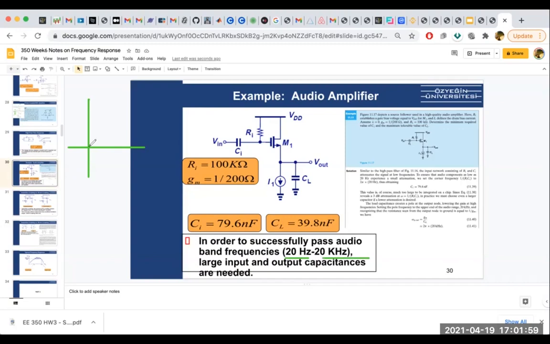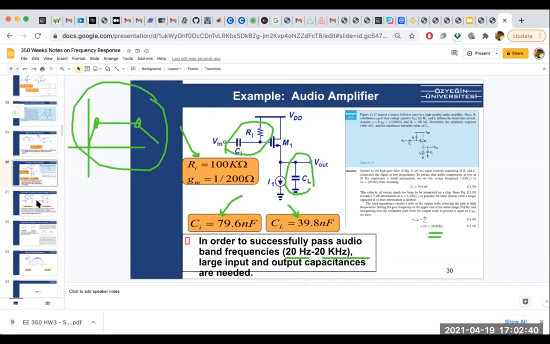So this circuit shows that you have two poles, one pole due to here and one pole due to this one. And this is a design question. These are given so that you find CI and CL to design the locations of the poles, okay? Basically reverse engineer it. This is given to you and now you design the circuits, okay?